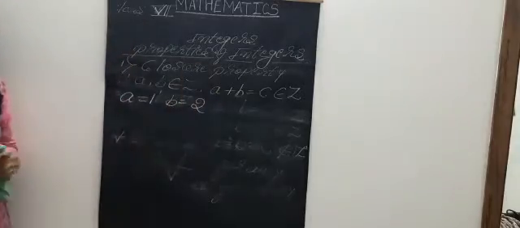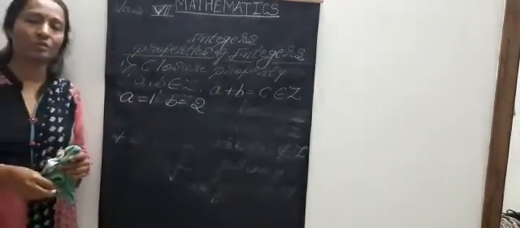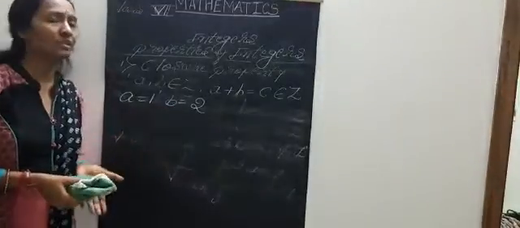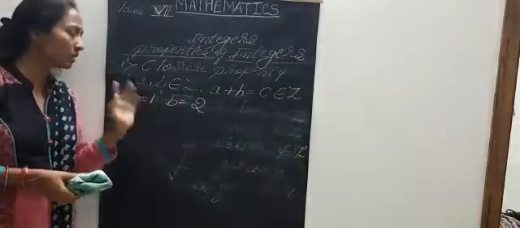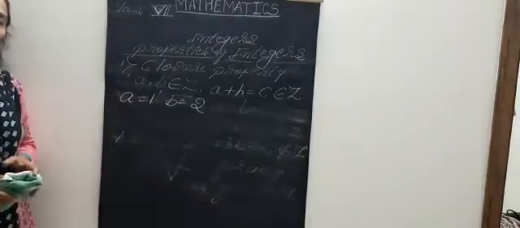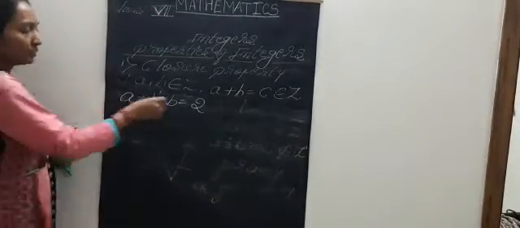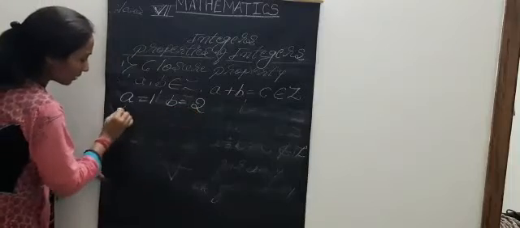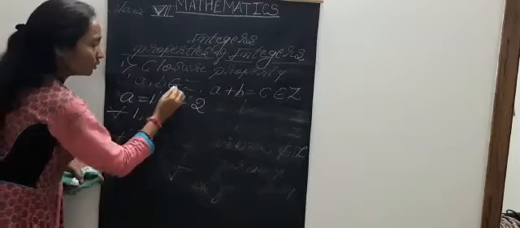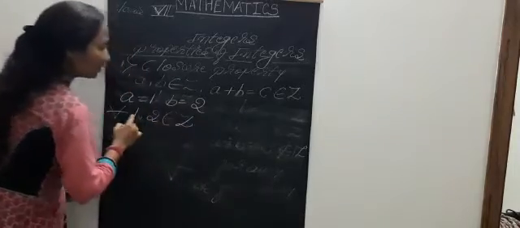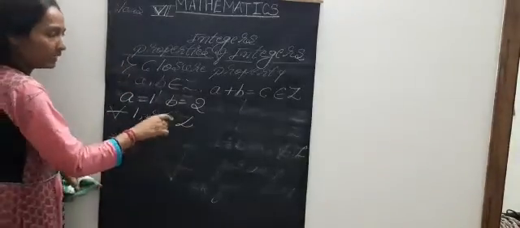Integers are a collection of positive numbers, negative numbers and 0. You can take a positive number or a negative number, your choice. So I am taking simple numbers. a is equal to 1, b is equal to 2. Let us start applying. For any a comma b, 1 comma 2 belongs to Z. Yes, 1 comma 2 belongs to integers.